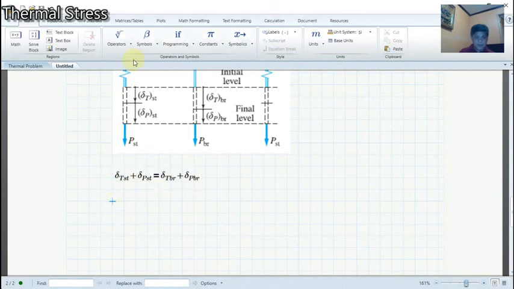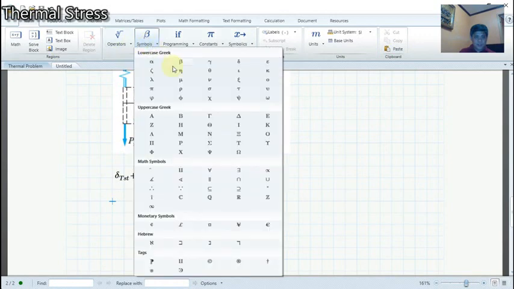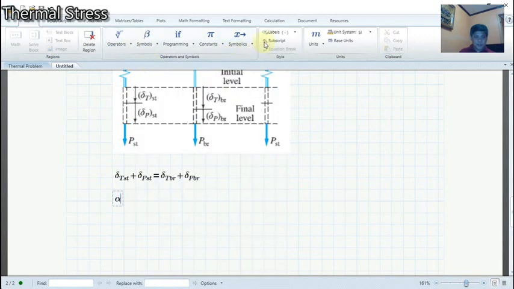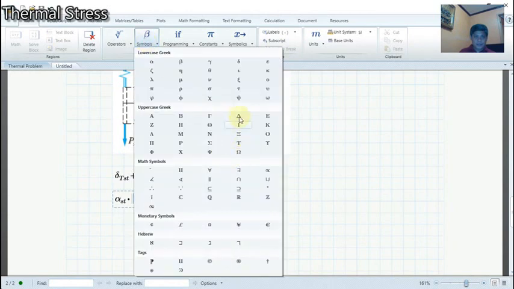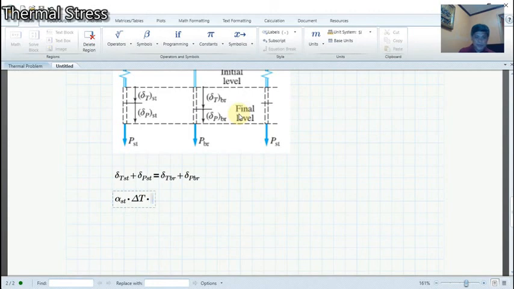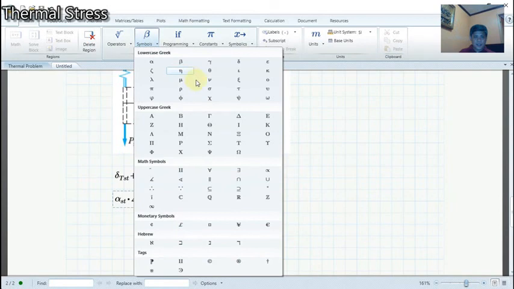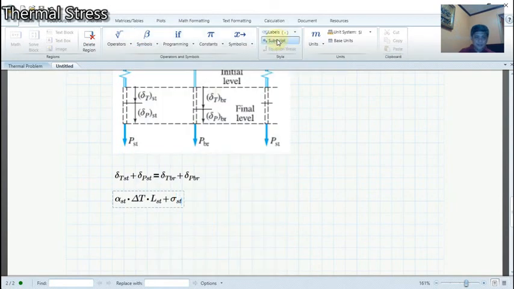So we have the coefficient of thermal expansion for the steel times the change in temperature ΔT times the length of the steel, plus the stress in the steel times the length of the steel divided by the modulus of elasticity of steel.